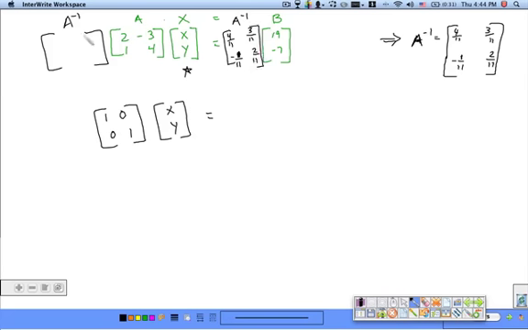All I'm going to do is multiply both sides by A inverse. That's it. If you want to keep it that simple, think of it like that. That's all it is. Okay, now these two things kind of cancel out, right?